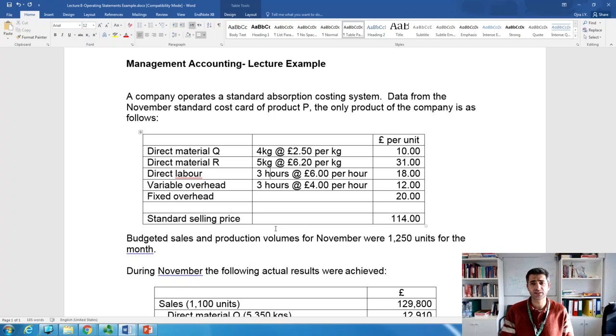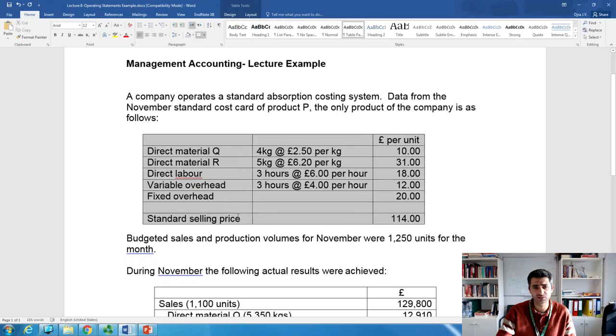For this company, this information is related to the budgeted figures, including two materials, Q and R. The budgeted, as you see, for Q, we need 4 kilograms at 2.5 pounds per kilo. That's equal to 10 pounds. For material R, we have 5 kilograms at 6.20, 31.